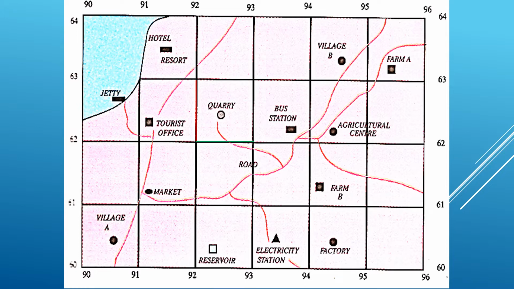Now, if you say it is 94, then you are indeed correct. Farm B is located immediately east of easting 94. So we're going to highlight that line right there. So therefore, our first two figures are 94.